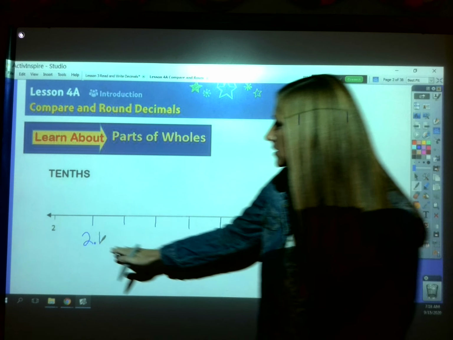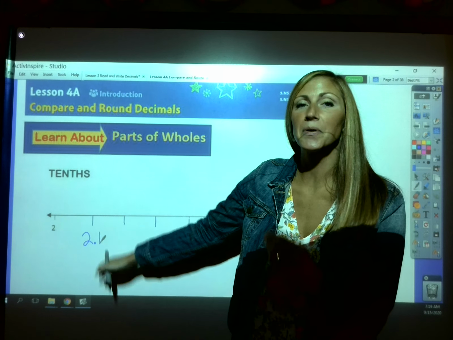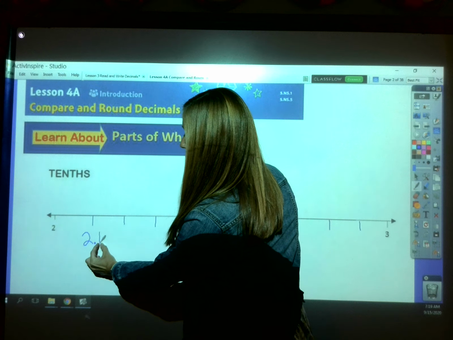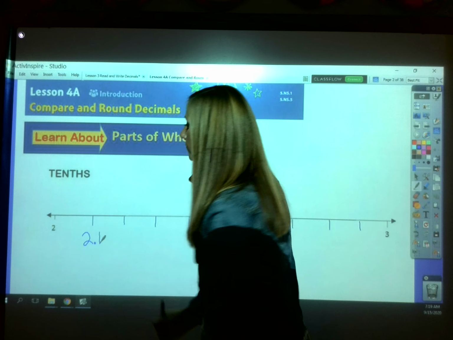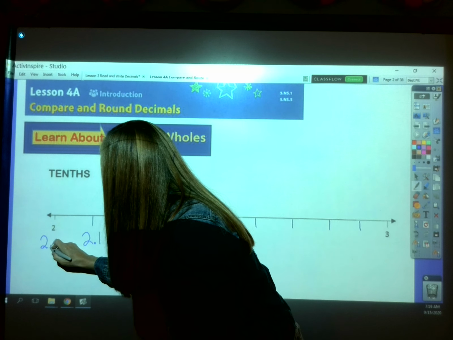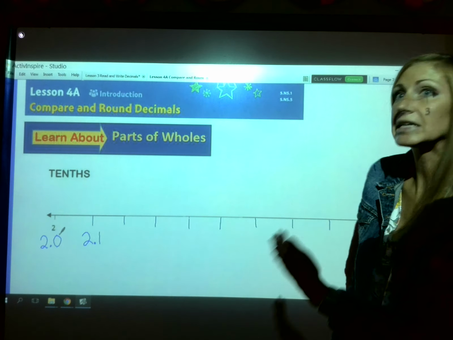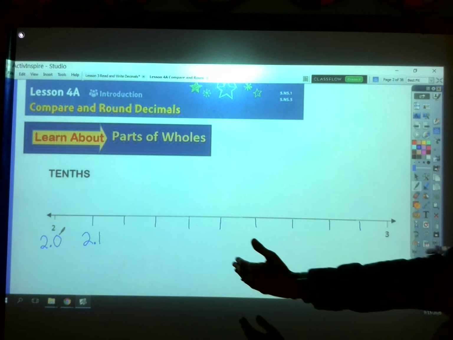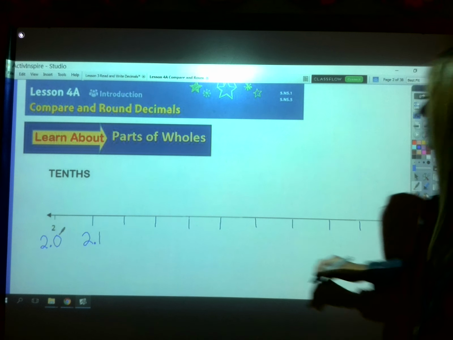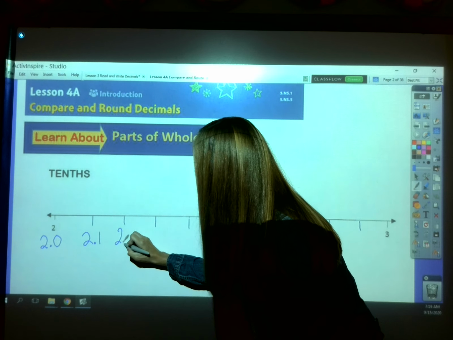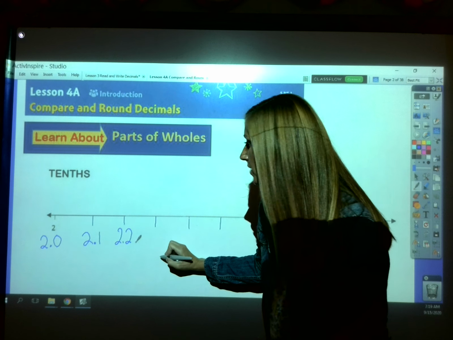Sometimes this looks like a 21, but remember, this is a part of a whole, and we already have 2 wholes. You can see that those zeros can count on to make into 3. Then this would be 2 and 2/10.